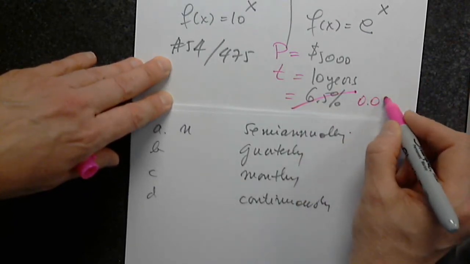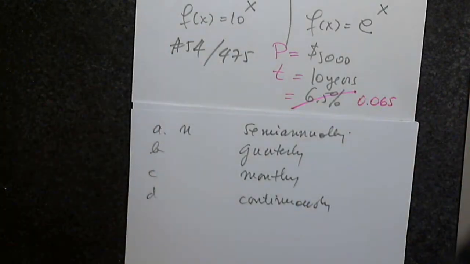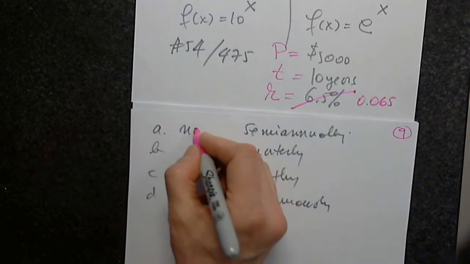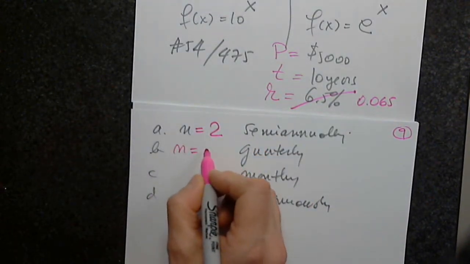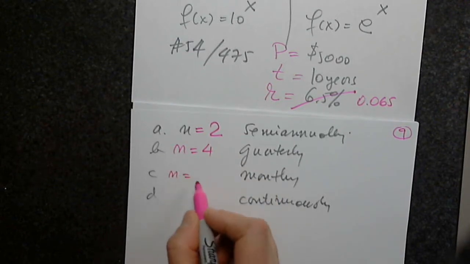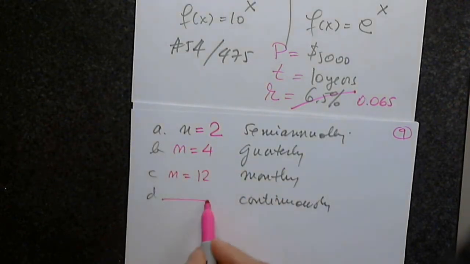It has to be 0.065, or indeed the interest rate. What does semi-annually mean? Twice a year. Perfect. What does quarterly mean? 4 times a year. What does monthly mean? 12 times a year. And this has no n. Continuously means continuously, and we have to use a totally different formula. Everyone with me? Yes.